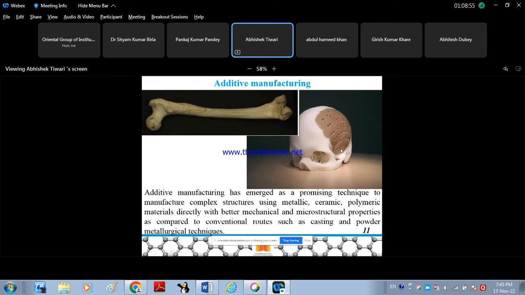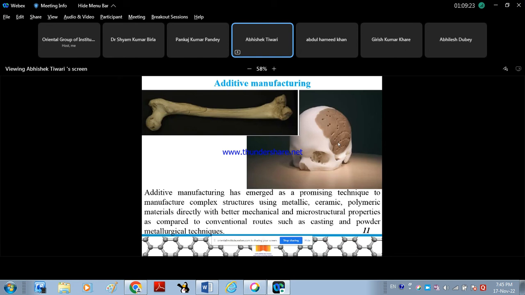This can only be made using additive manufacturing, and this is very important in the medical industry. So additive manufacturing has emerged as a promising technique to manufacture complex structures using metallic, ceramic, and polymeric materials directly with better mechanical and microstructural properties. In fact, we can tailor the mechanical and microstructural properties.